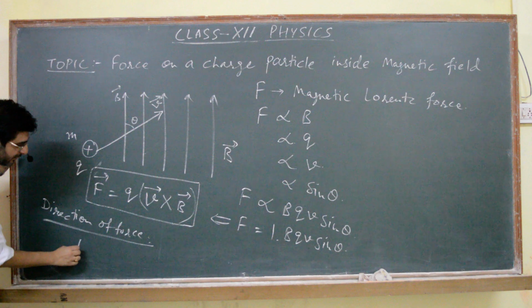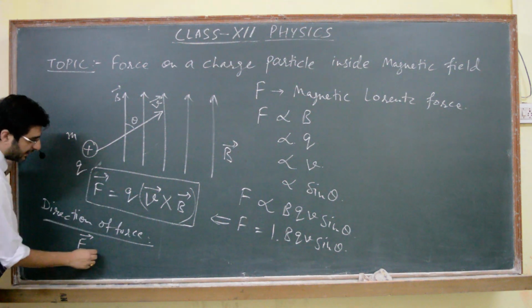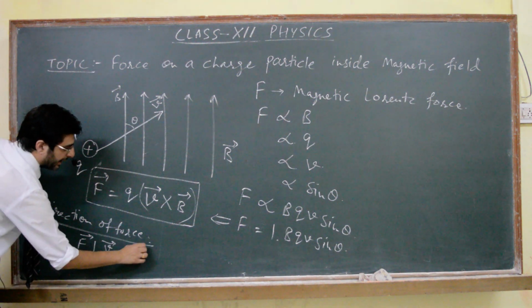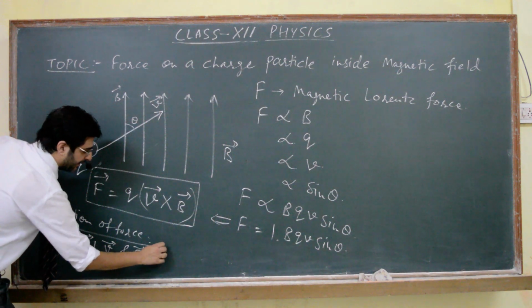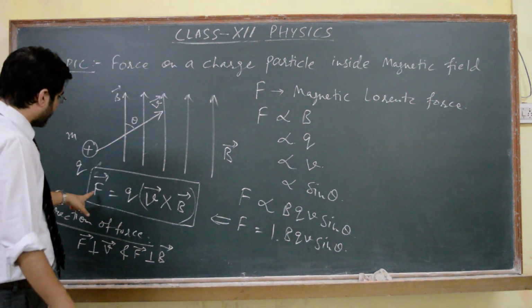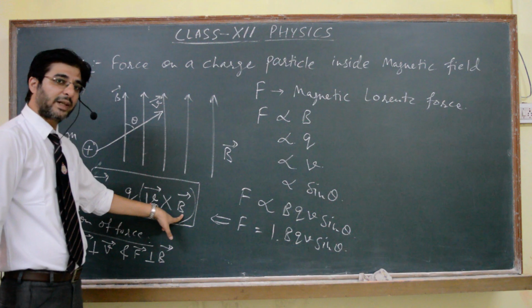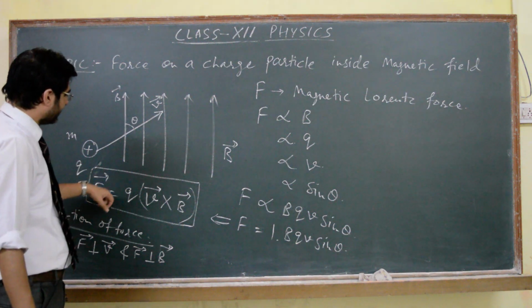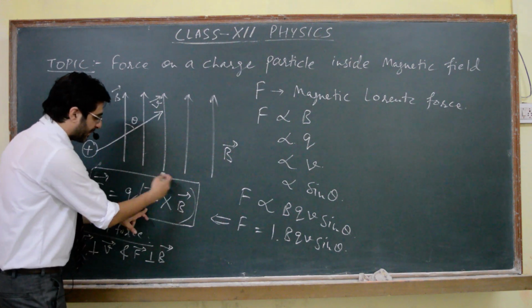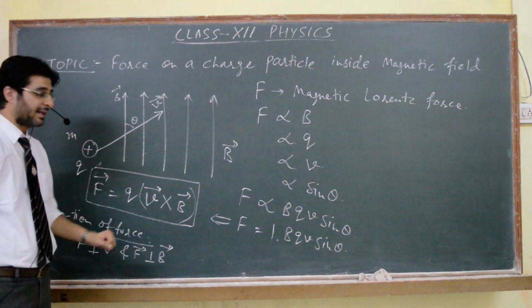That means this magnetic Lorentz force will be perpendicular to velocity as well as perpendicular to the magnetic field. This is the property of the vector product: if any vector is the cross product of two other vectors, then the direction of this vector will be perpendicular to both the vectors involved in the cross product. The force will be perpendicular to velocity as well as magnetic field.